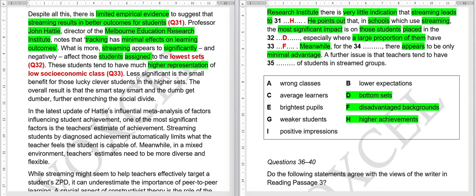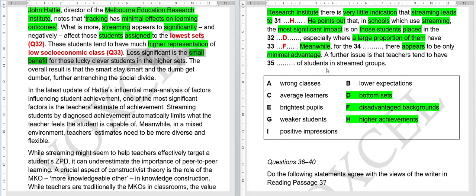Let's see. Less significant is the small benefit. So small benefit means minimal advantage for those lucky clever students. Clear? So obviously in the higher sets, this is our sentence. Now you have around 10 seconds to tell me the answer. The time starts now.